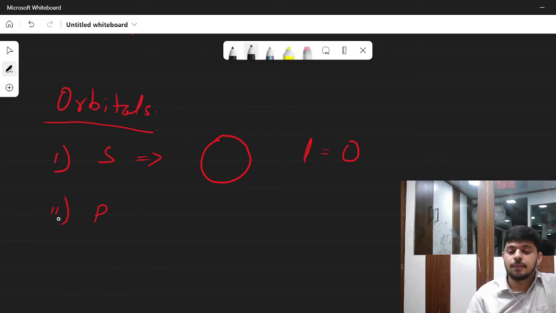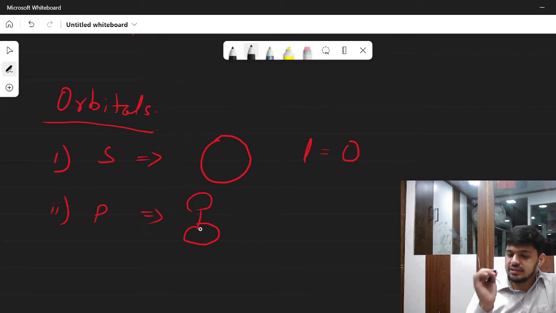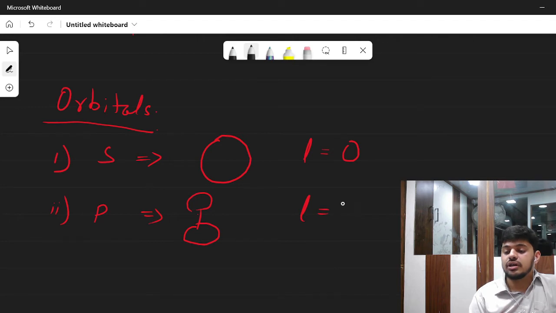This p is like a dumbbell. You know, a dumbbell, when you go to the gym. So the p is always like a dumbbell, and for this l equals 1.